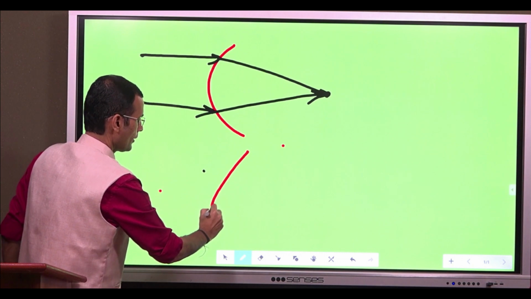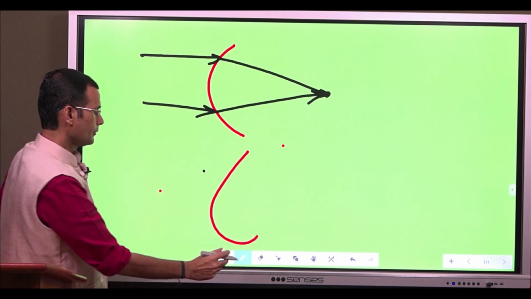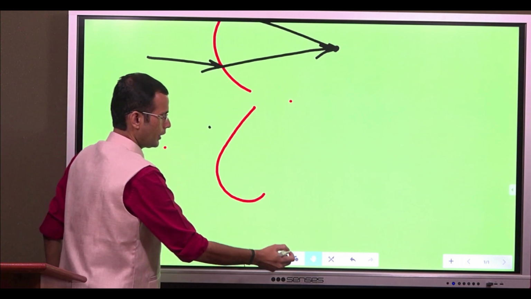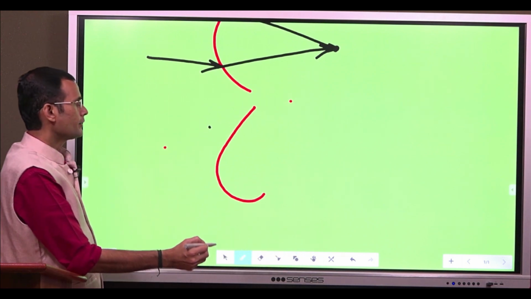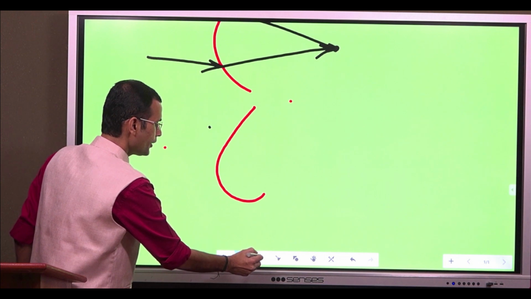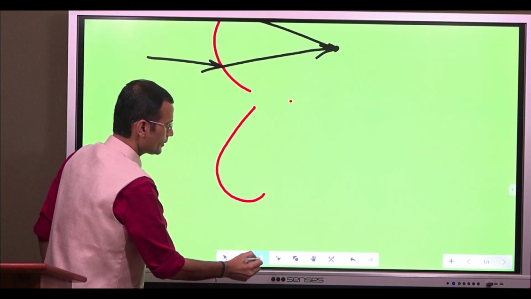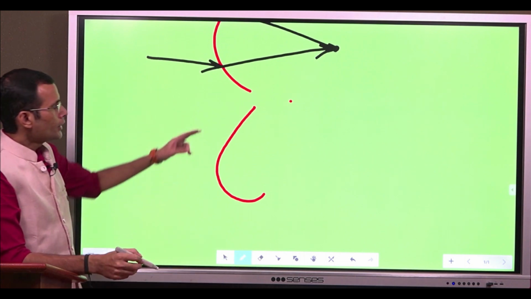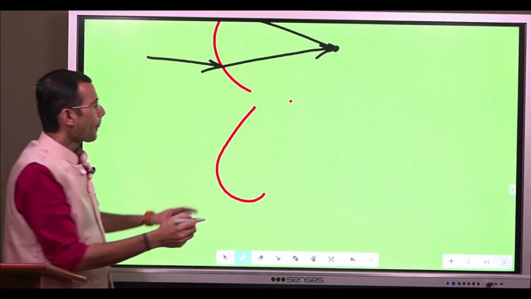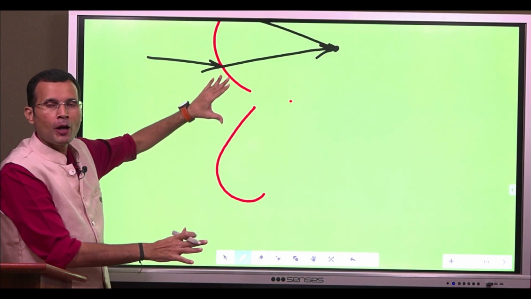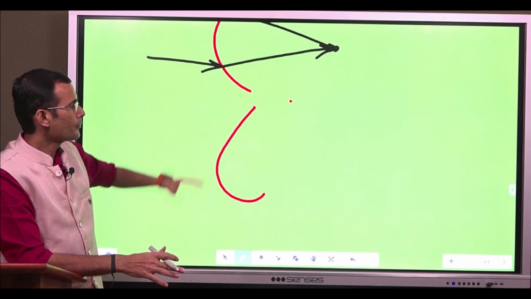So, let's say something like this. Egg-shaped cornea or lens. What you can see here is the cornea has a shape which has two different refractive powers in two meridians.